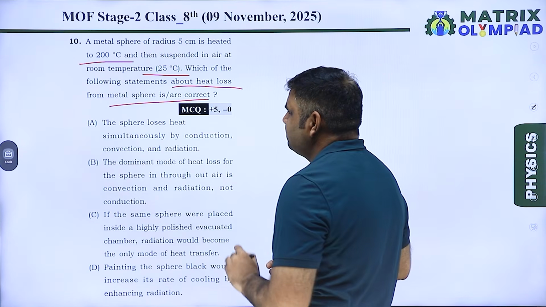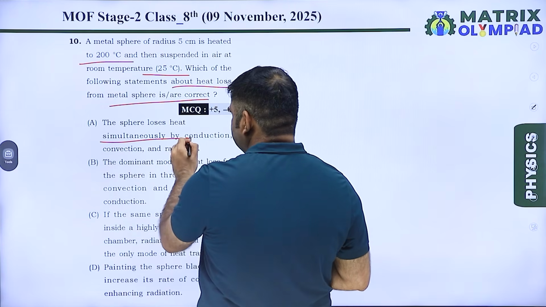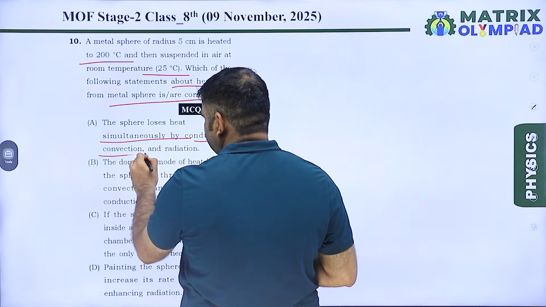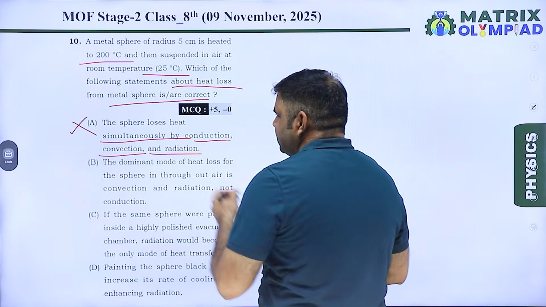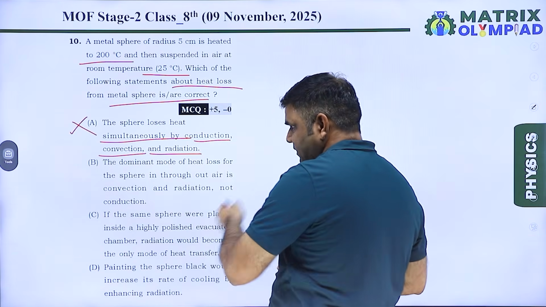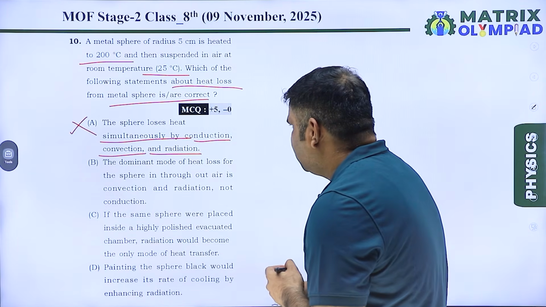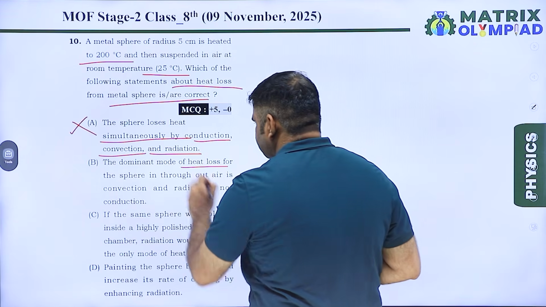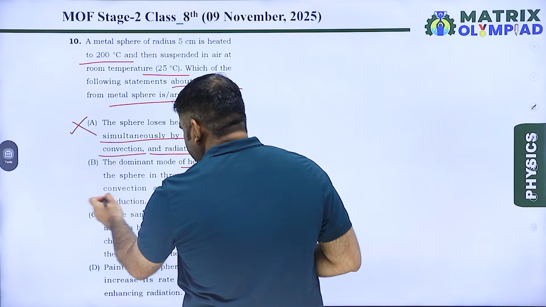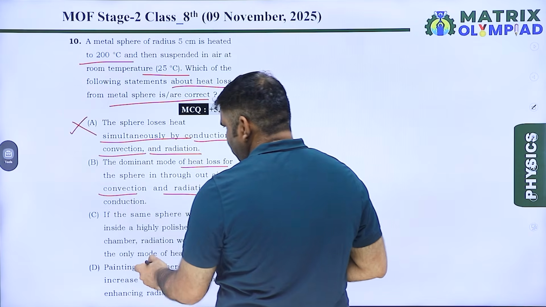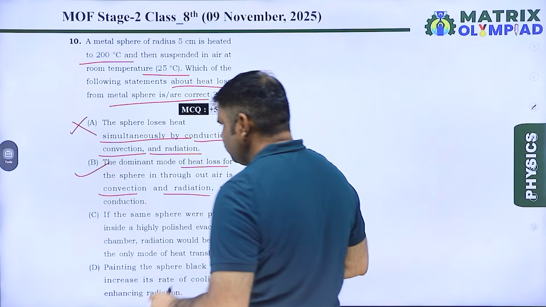Option A: the sphere loses heat simultaneously by conduction, convection and radiation. No student, this is incorrect. They are not simultaneous for this situation. The dominant mode of heat loss for the sphere through air is convection and radiation, not conduction. Yes, B is true.